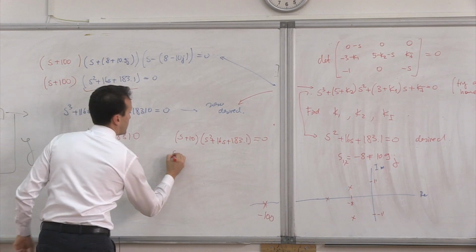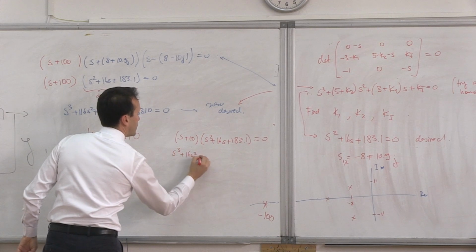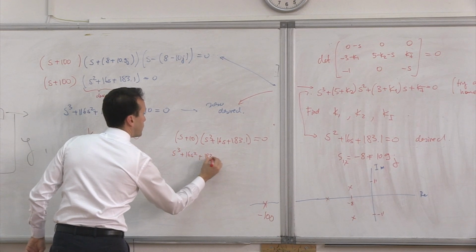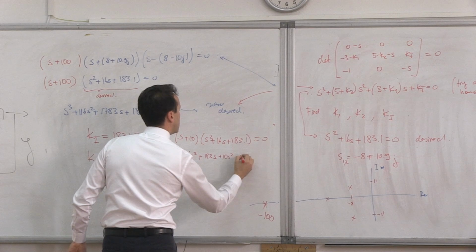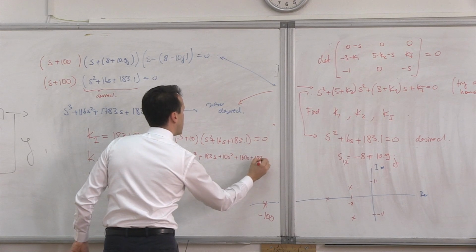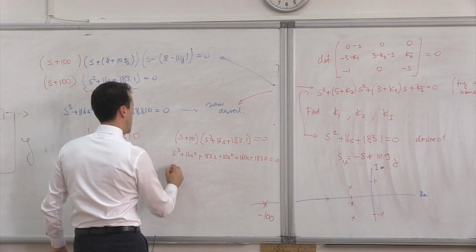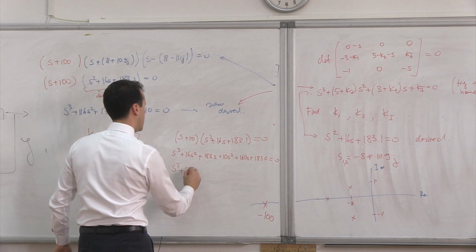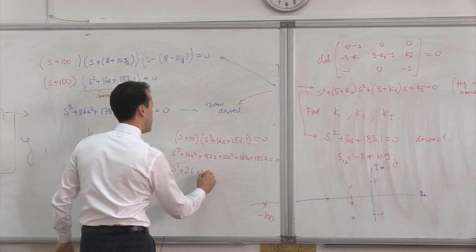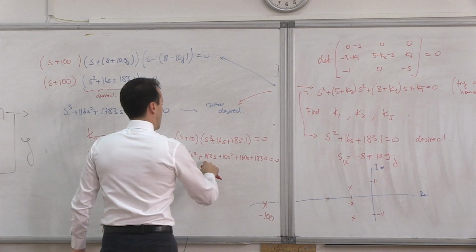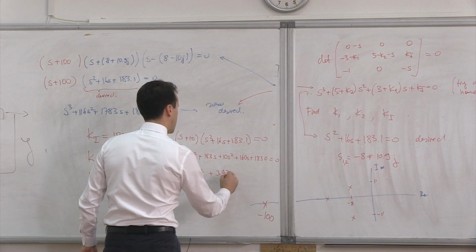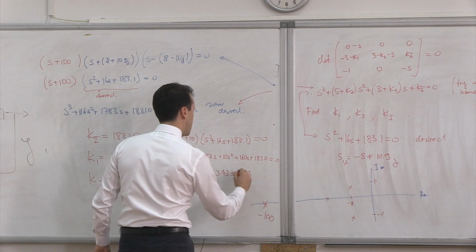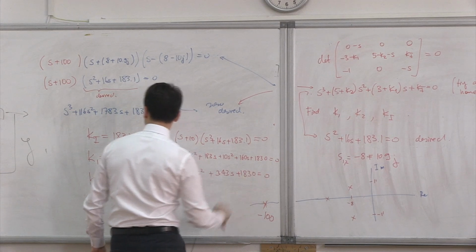Okay? It will be s cubed plus 16s squared plus 183s plus 10s squared plus 60s plus 1830 equals 0. It will be s cubed plus 26s squared plus 343s. Is that right? Yes. Plus 1830.